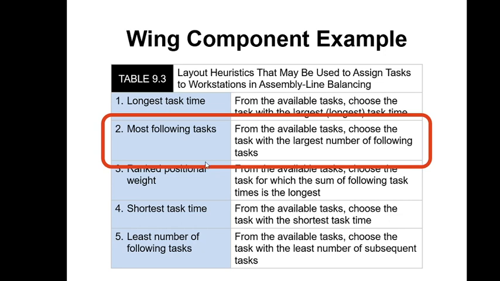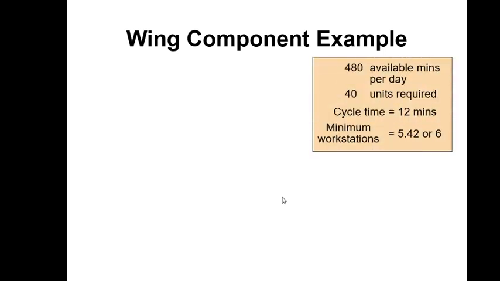When we assign the tasks to the workstations to make our balance, we will give priority to the most following tasks, which means we select the task with the largest number of following tasks. I will explain this in the next slide when we do our balancing.